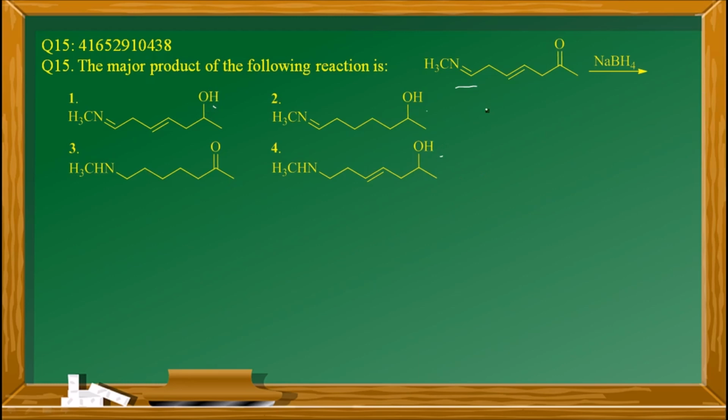What about the double bond? Will it reduce? No. Here the double bond is reduced, so this option is not correct. Then next, imines to amine, so the double bond will be there but imine to amine. Option number 4 reduces imine to amine and ketone to alcohol. Another option, imines to amine? No, friends, so this is also not correct. So sodium borohydride reduces ketone to alcohol and imine to amine, so option number 4 is the correct option, friends.